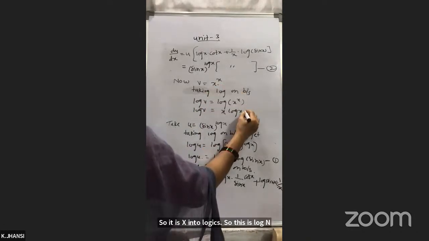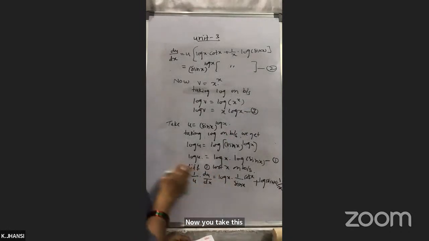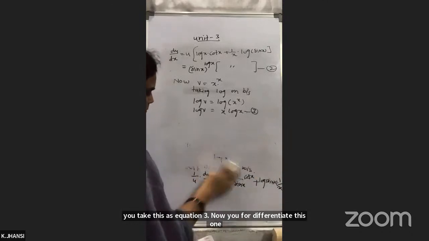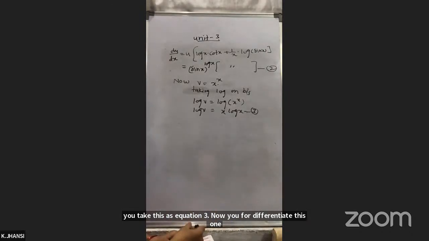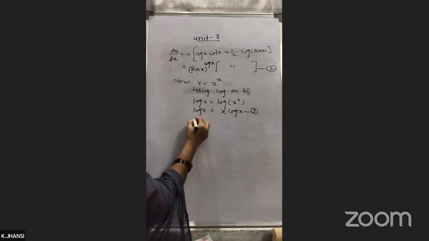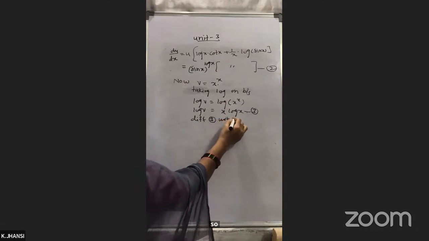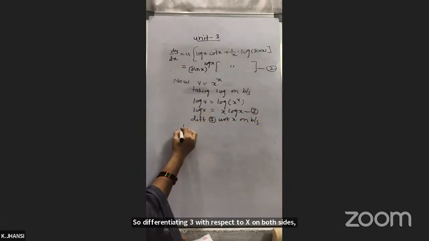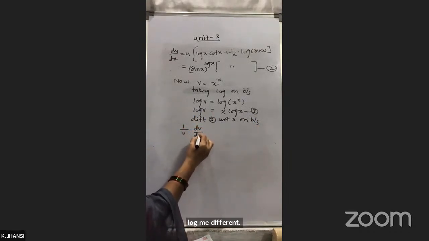Now you take this as equation 3. Now if you differentiate this one, so differentiating 3 with respect to x on both sides. Log v differentiation is 1 by v into dv by dx.